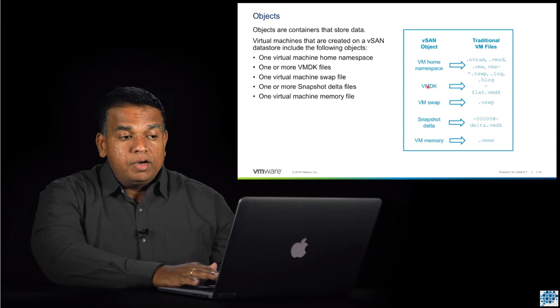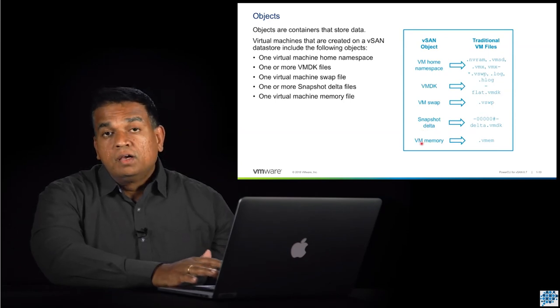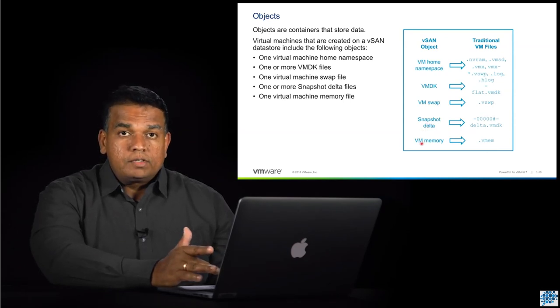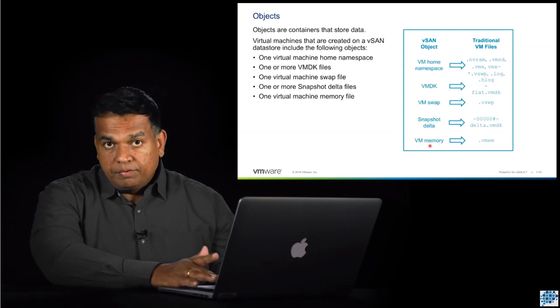And other than that, you have the VMDK files, the VM swap files, the snapshot delta files when you take a snapshot, and in case you are taking the snapshot with the memory option selected or saving the memory, then you'll have the VM memory files.